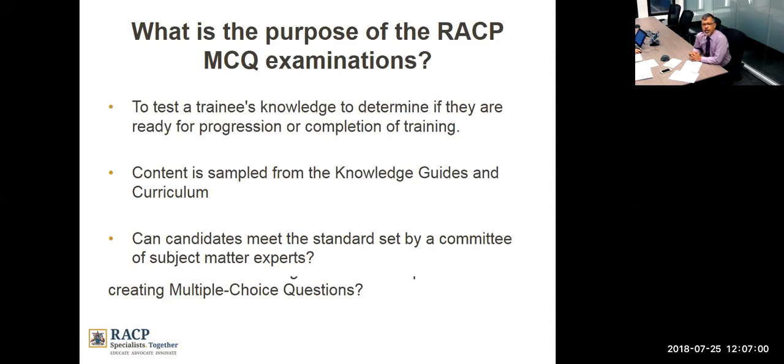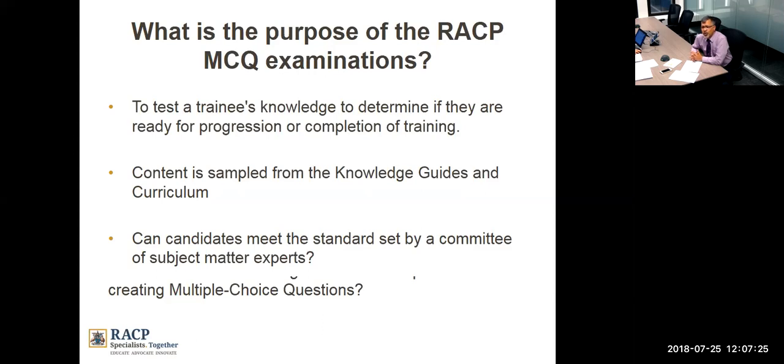Now, the college multiple choice exams are really intended to test the trainees' knowledge about if they're ready for progression in training or if they are ready to become fellows. Our exams are based on knowledge guides and curriculums, so they're well established in terms of the content areas that we should cover. All of our assessments should cover information that's coming from one of those two sources.